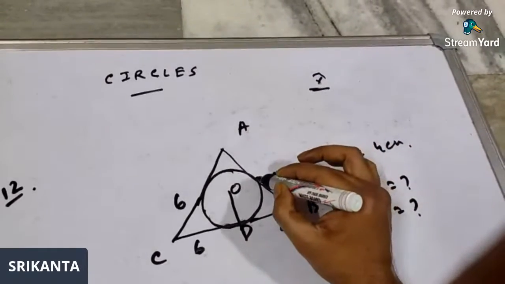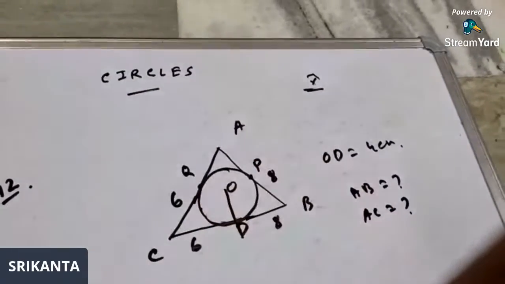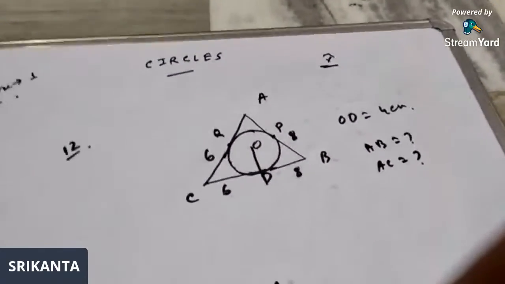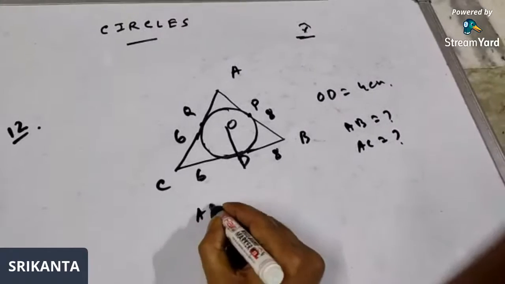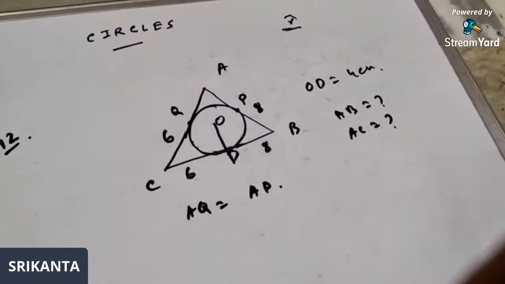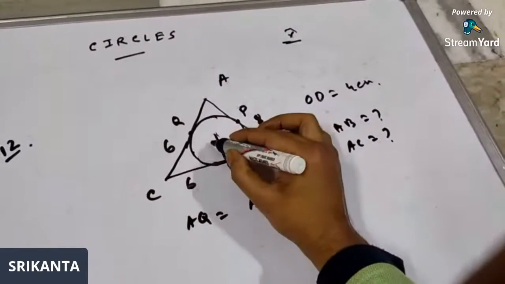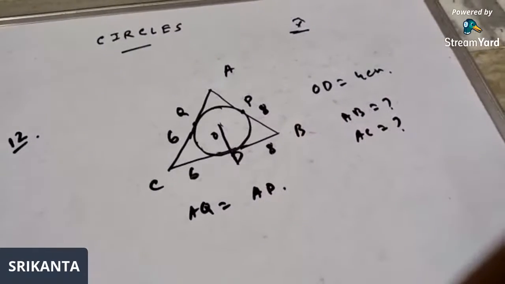Now this point let us take P, and this point let us take Q. Now we have AQ is equal to AP.